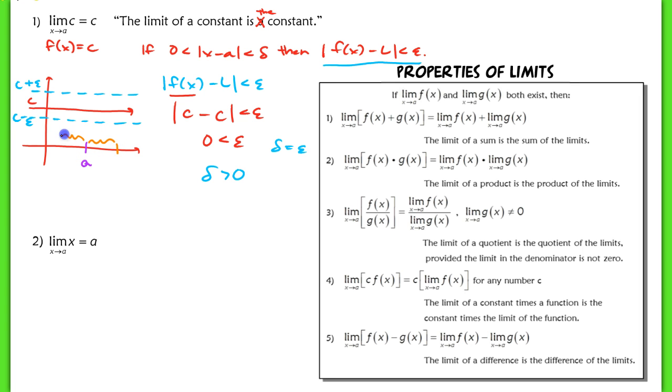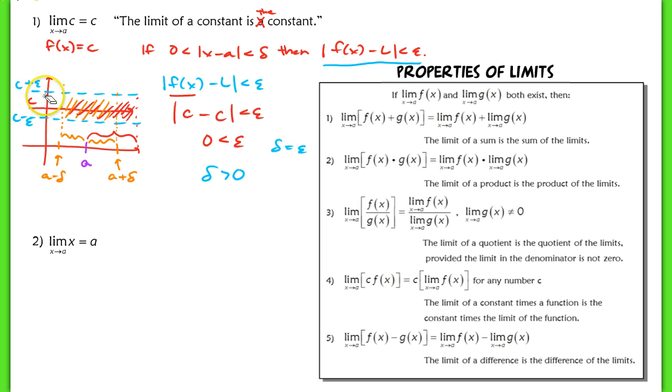So here is a minus delta, here's a plus delta. No matter what, you're still always going to map back inside this zone here, which I colored in orange. You'll always go back to that zone, no matter how large or how small you make that interval. So delta can be any number at all, because if I make this a larger delta, I still get back inside that zone no matter what.